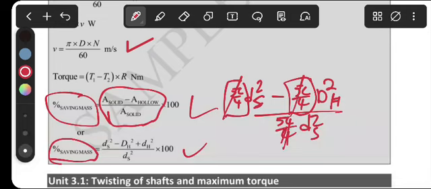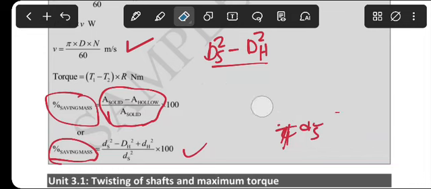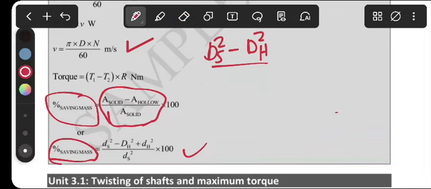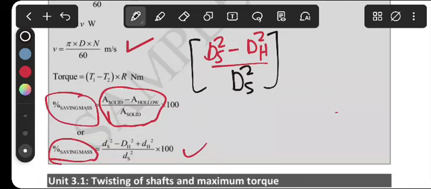So you can write that as d squared of the solid minus the diameter squared of the hollow, over the diameter squared of the solid. You can use this formula. I've reduced it. See, simple, just like that.